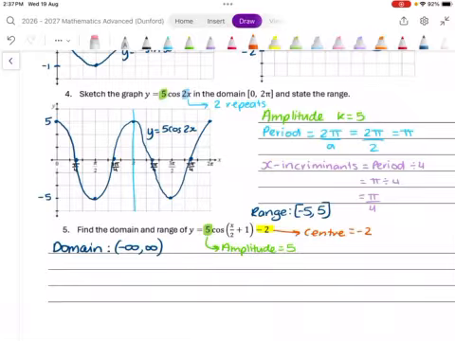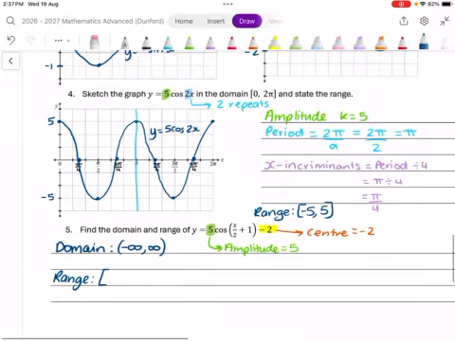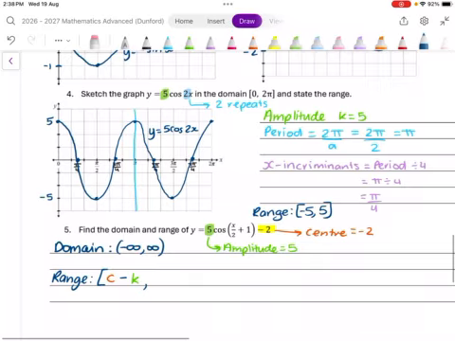So for our range, it will be our center minus our amplitude, and then our center plus our amplitude. Does that make sense?